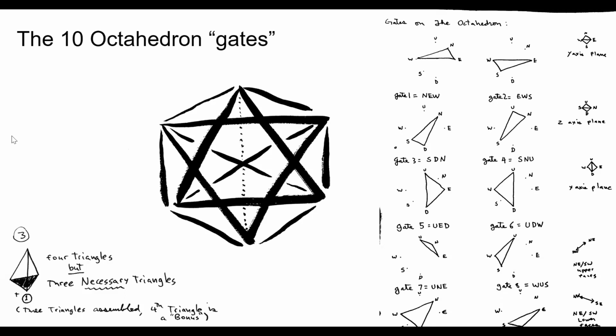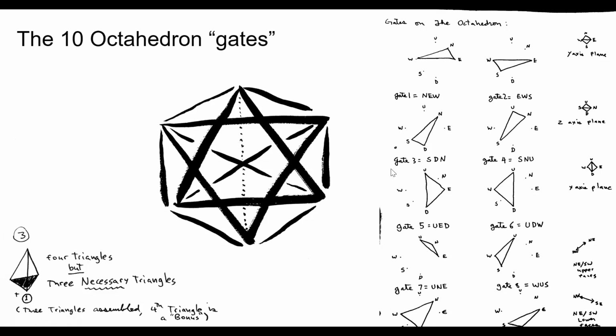So you can imagine 11 mages, each of whom has a magic circle, which is an octahedron. But 10 of the triangles within each of their octahedrons is a gate to one specific other mage. This integration will connect all 11 of these independent mages into one super integrated magical energy.